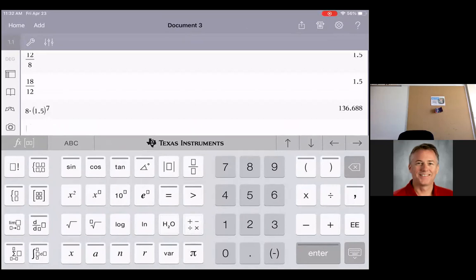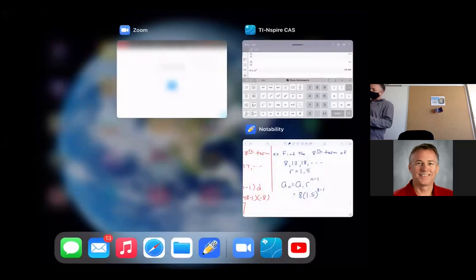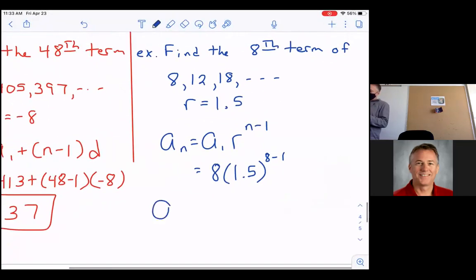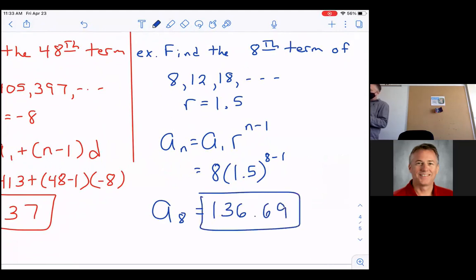If I wanted to round it to the tenths, I would do 136.7, of course. So we just want to round accordingly. I'm saying be careful because on your homework or on your delta, it may ask you to do that. So I'm going to round it to the hundredths, 136.69. So I would say A sub 8 is equal to 136.69. And that is our answer.